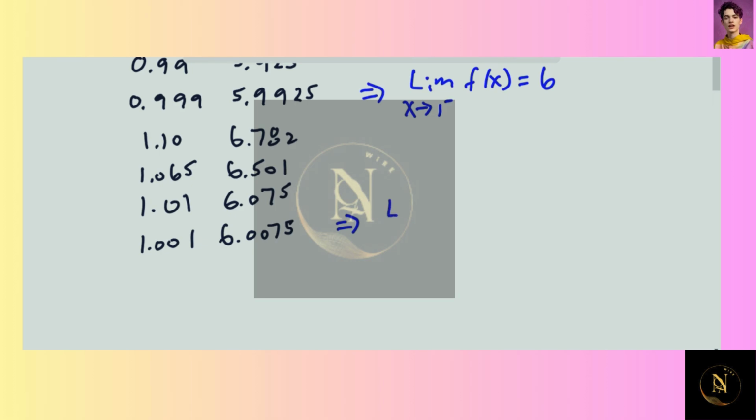So this suggests that the limit as x approaches 1 from the right, coming in closer from the right of our function, is also 6.